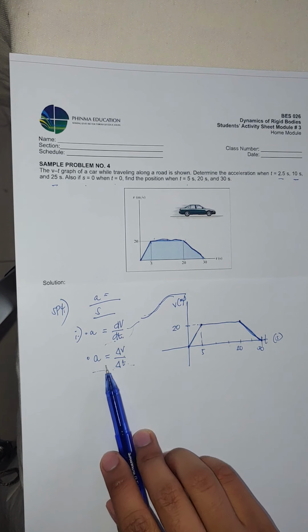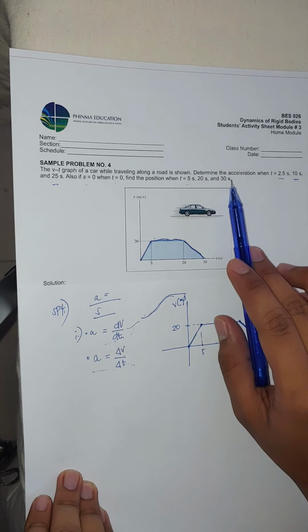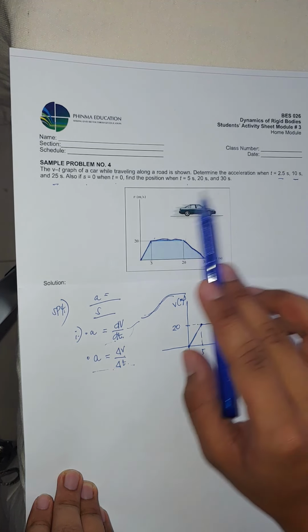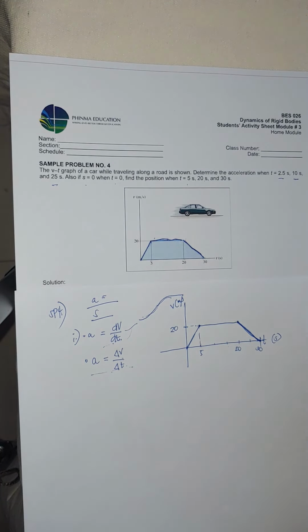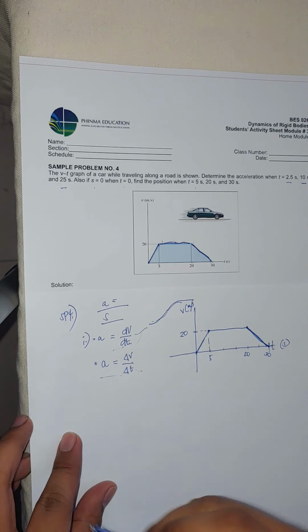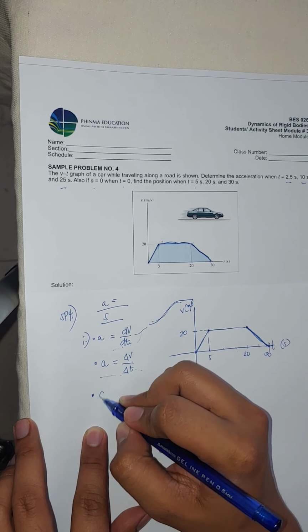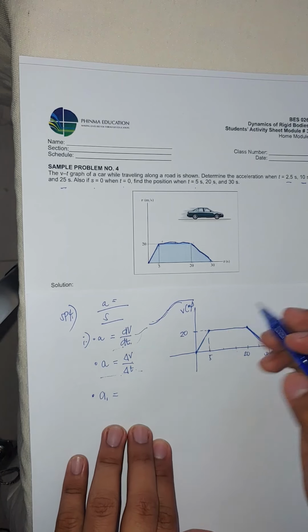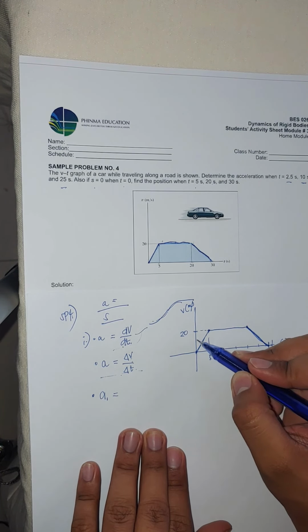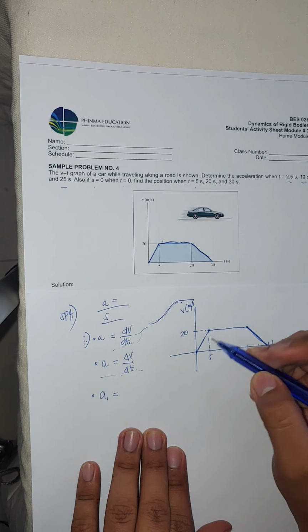So to get the acceleration, determine the acceleration when t is equal to 2.5, 10, and 25. First, the acceleration at 2.5. So this is 5, this is 20, and this is 30. Let's label acceleration 1, acceleration 2 so it is easier to get. So acceleration 1 is equal to the change in velocity at 2.5 seconds.